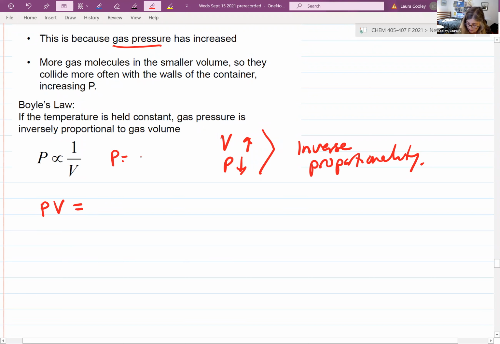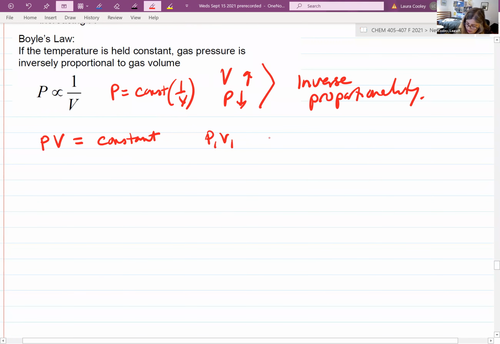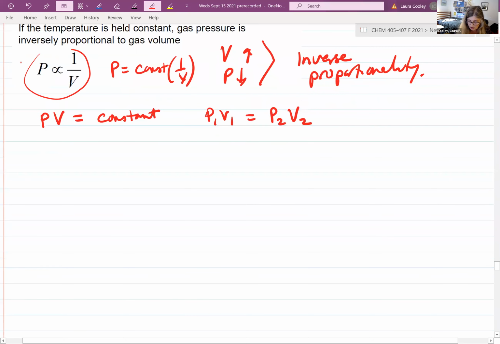So P is a constant times 1 over V. So P times V is a constant. And that leads us to P1 V1 = P2 V2, which is Boyle's law. Well, this is also Boyle's law.